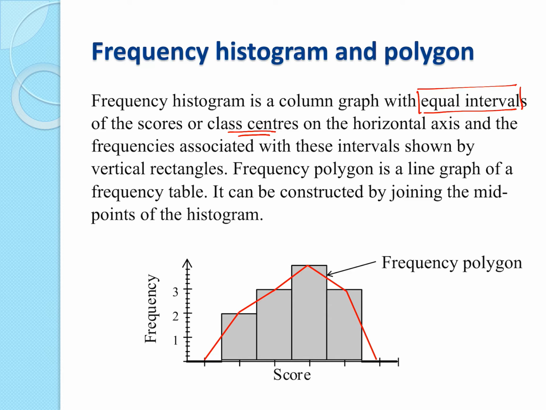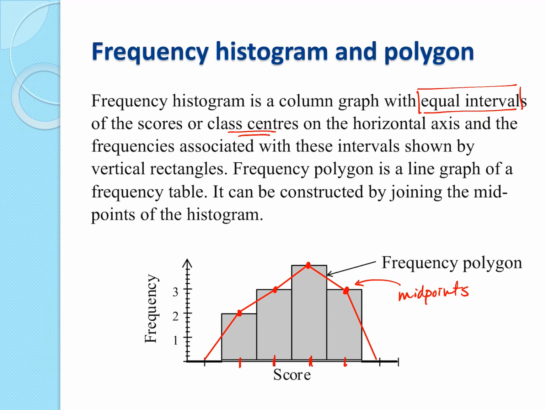And then your vertical rectangles are simply your frequency. And then if you added in a frequency polygon, they're simply line segments that go to what's called your midpoints. If your horizontal axes used class centers, then these midpoints will correspond with these class centers that you would have used from your table.